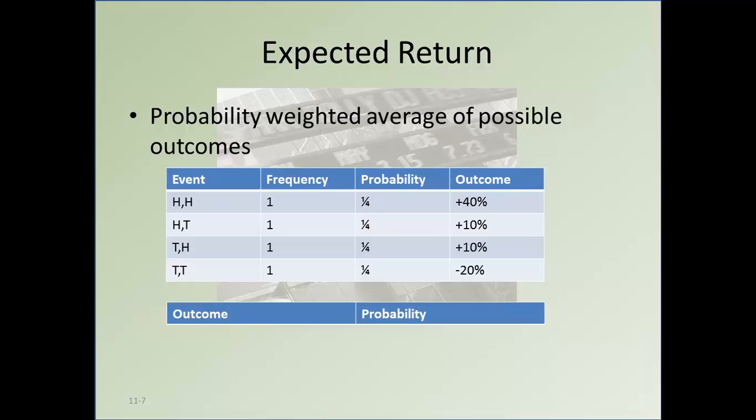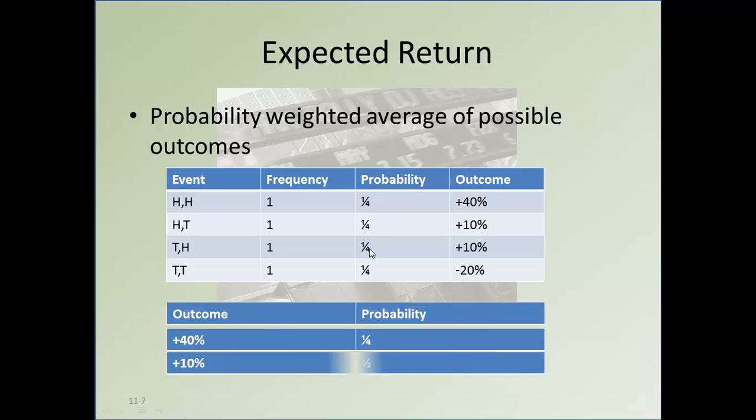So we arrange this further. Since HT and TH are symmetrical, essentially representing an instance in which one tail and one head occurs, we can club it as one single event which has a probability of 1 by 4 plus 1 by 4, or a half, to occur. The outcome 40% can only occur with a probability of 1 by 4. The outcome 10% can occur with a probability of a half.